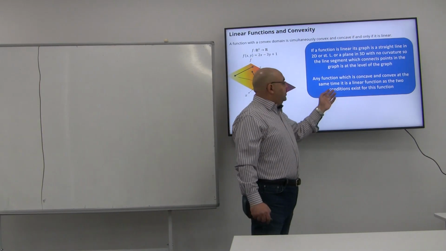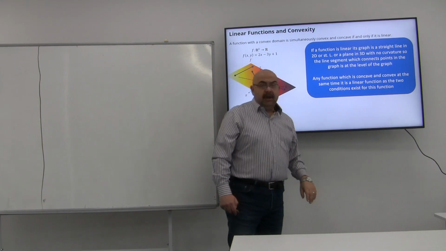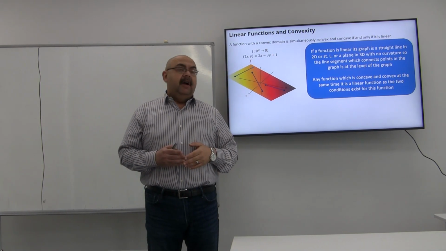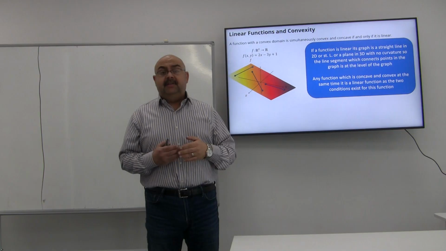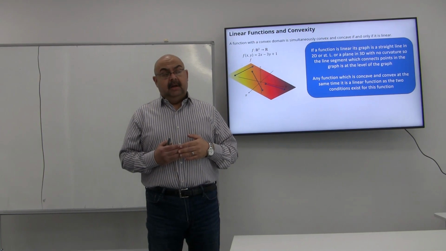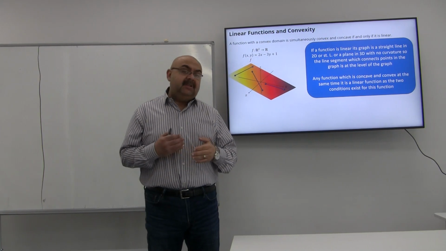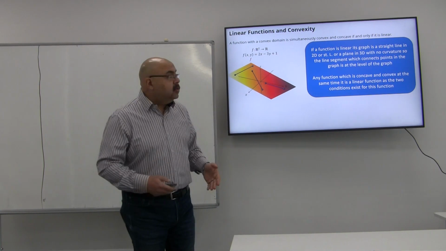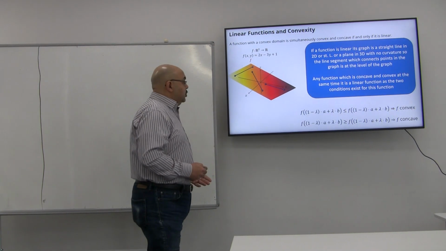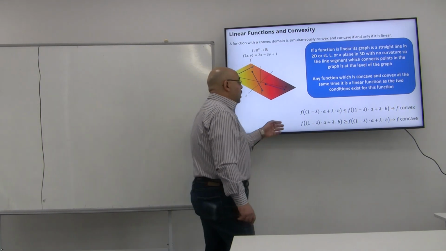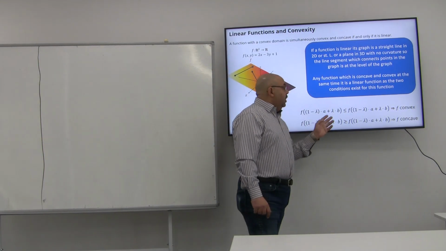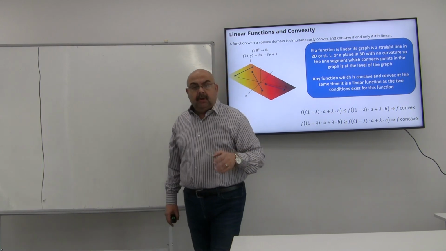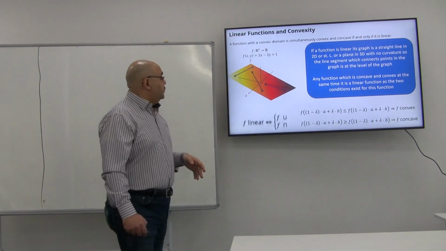And the 2 conditions exist for this function, which are less than or equal the value of the images of the weighted average between any 2 points. It's less than or equal, or greater than or equal in the case of a concave function, so it's going to be the same. These are the 2 laws that I'm telling you that they are shared, the equality, and once they are equal, you are talking about a linear case.